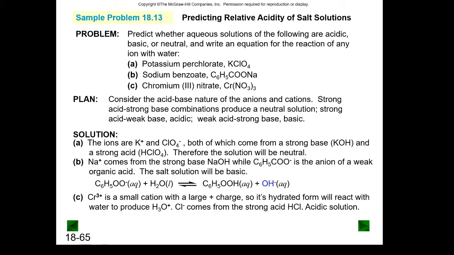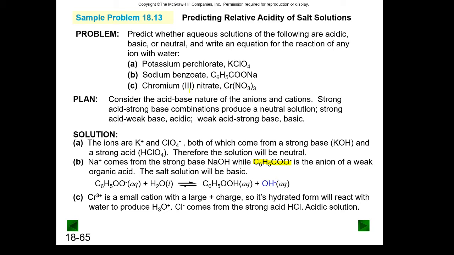Well, if I put this right here, let me get my little pen here, if I put that right there with a hydrogen, that's going to make a weak acid. So I have a strong base with a weak acid. That should make my solution basic.